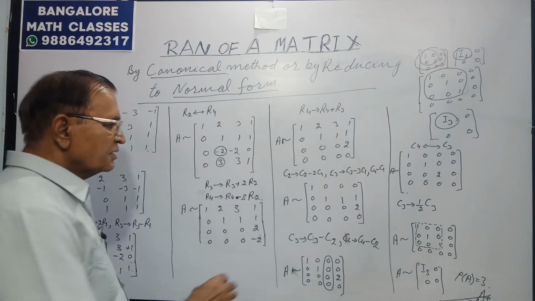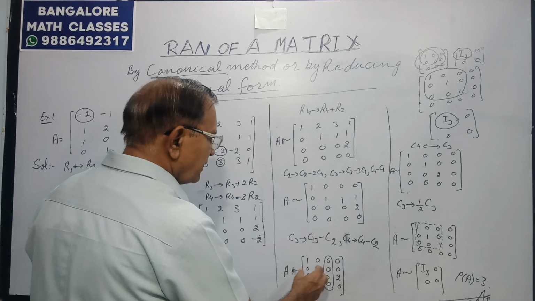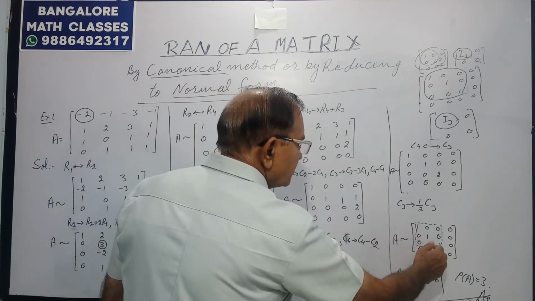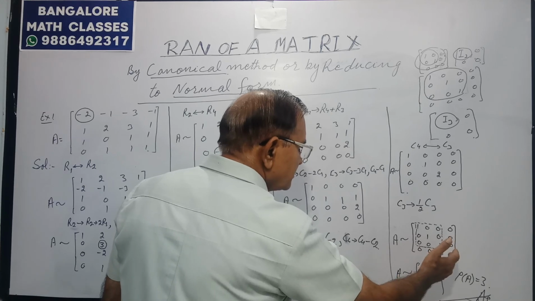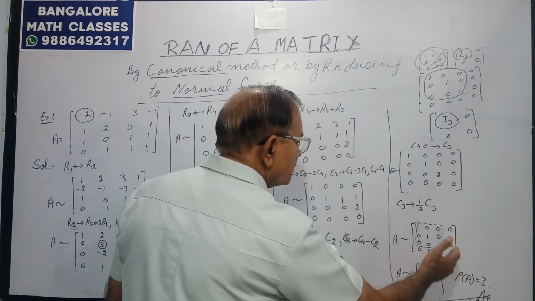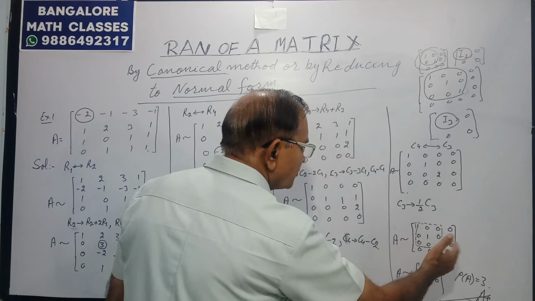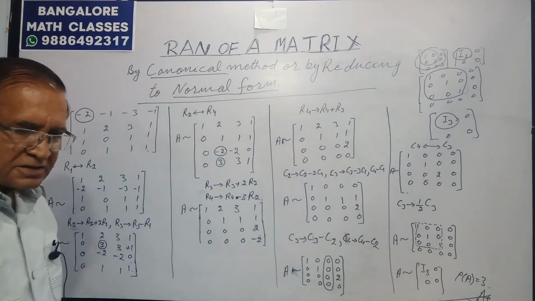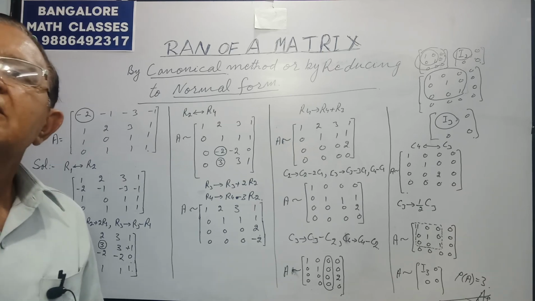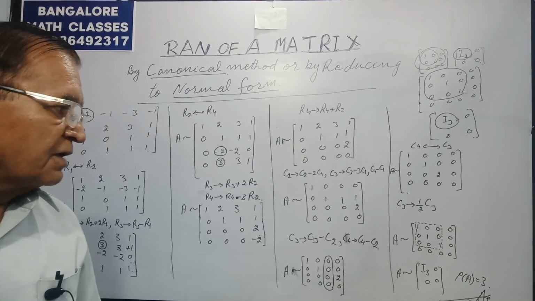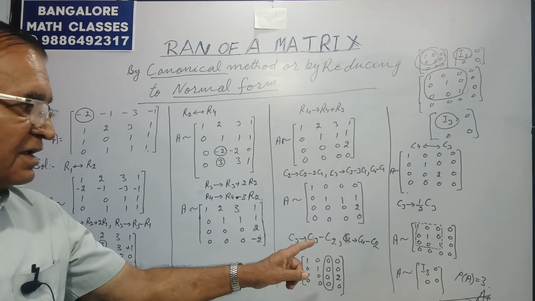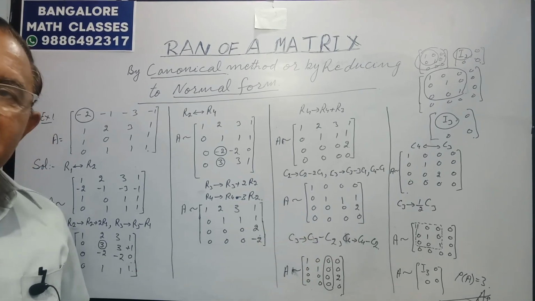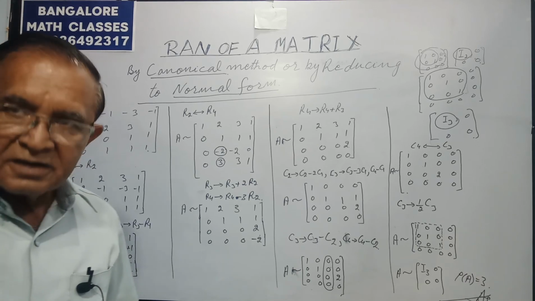After applying the column operations, you will find the identity matrix, maybe with 0 on the right side, maybe 0 downward, maybe on both sides. That will give you the I3 with 0, 0 matrix. So the rank of this matrix is 3.